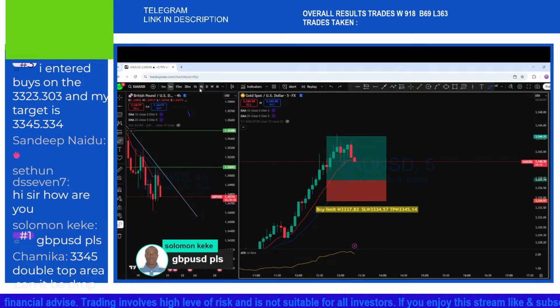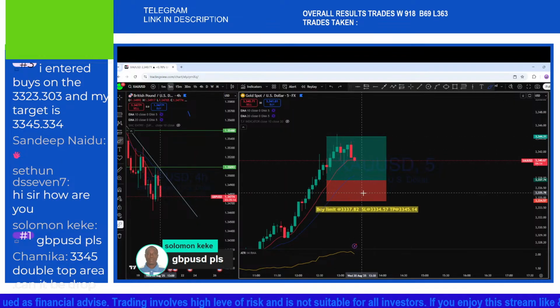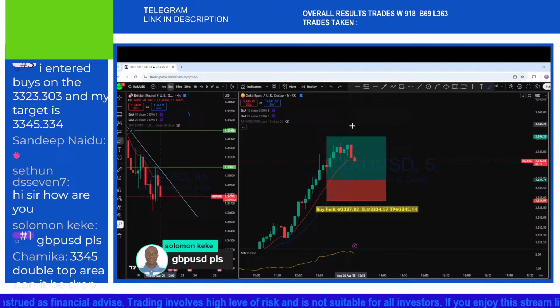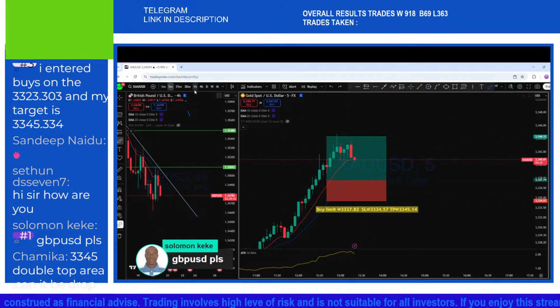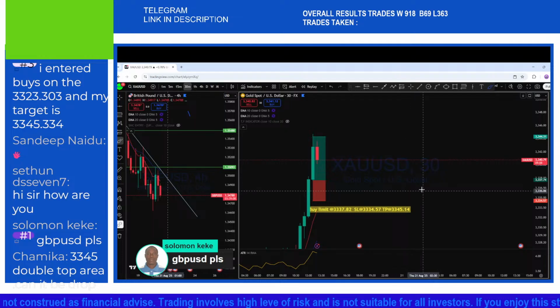What we can see in this area, guys, on gold on the 5 minutes, is that breakup structure, and we'd like to see the market come to that key support level from the 30 minutes.